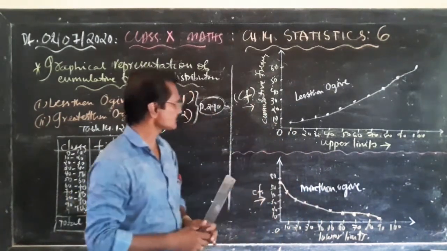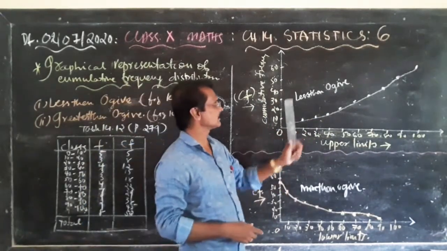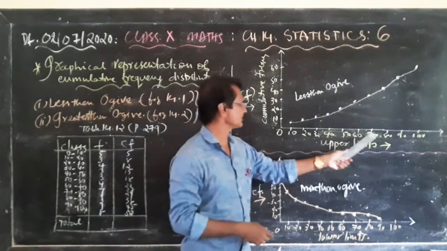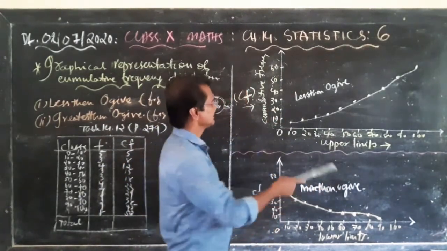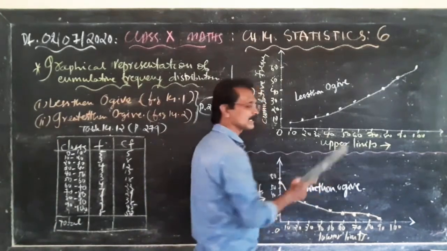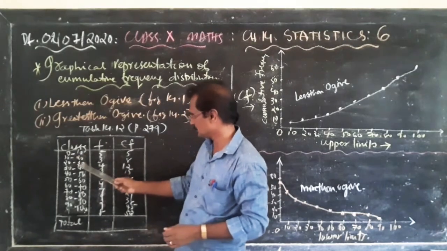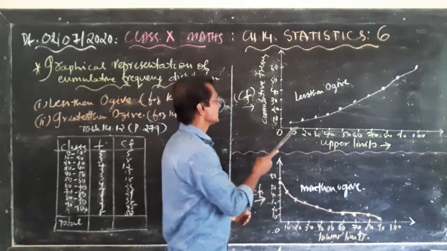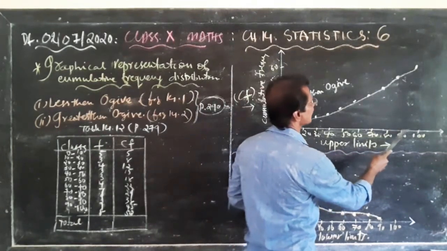Now this is the less than ogive. For construction of the less than ogive, we need to construct the x-axis and y-axis. On the x-axis you need to write the upper limits: 0, 10, 20, 30, 40, 50, 60, 70, 80, 90, 100.